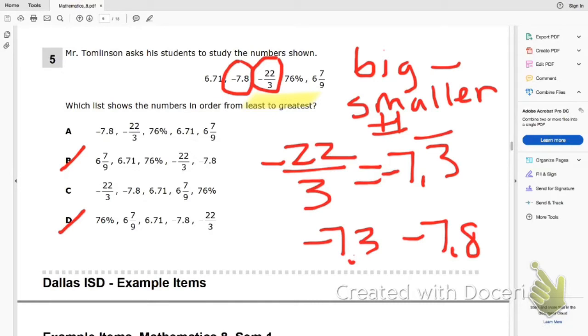So in this case, negative 7.3 is greater than negative 7.8. So the first number that should start us off is negative 7.8 because that is the least number. Again, the bigger the negative, the smaller the number. So the answer is A.